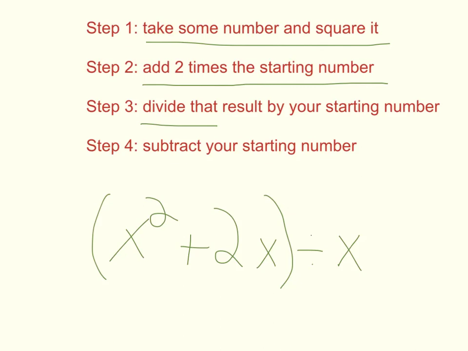Now finally, I need to subtract my starting number, which would be this. In case you're sitting there going, why are there no parentheses around all of it then? That's because order of operations says do everything in the parentheses, and then our exponents, then our multiplication and division, finally addition and subtraction. So that means we'd have to do all of this, then that step, and finally this step. So it's okay without the parentheses.